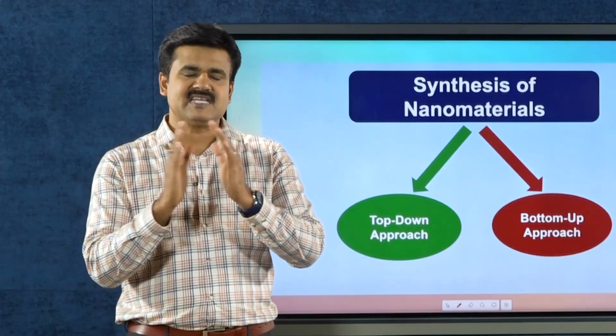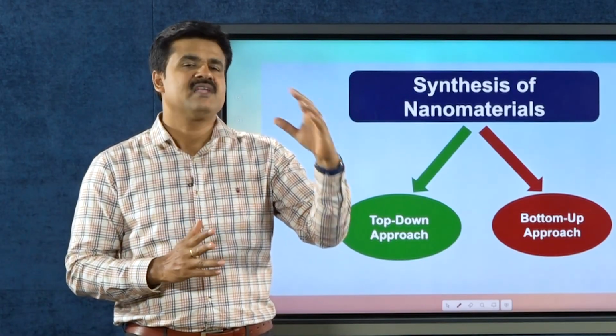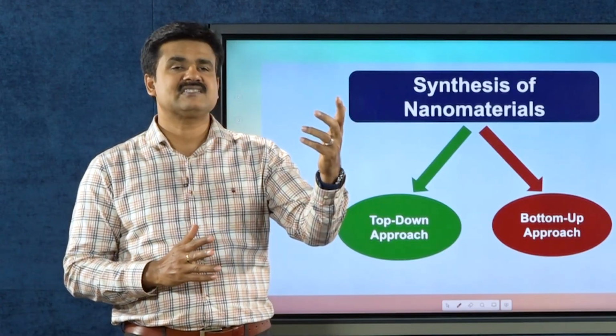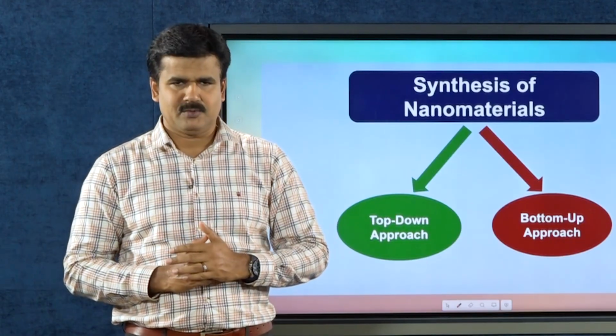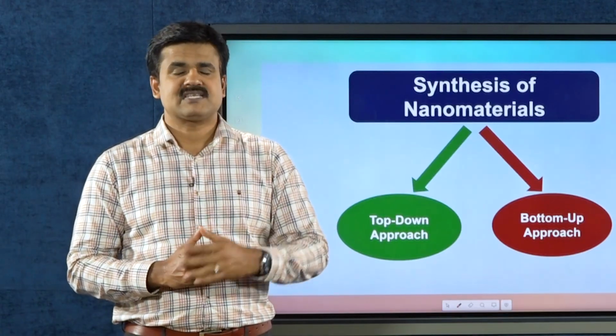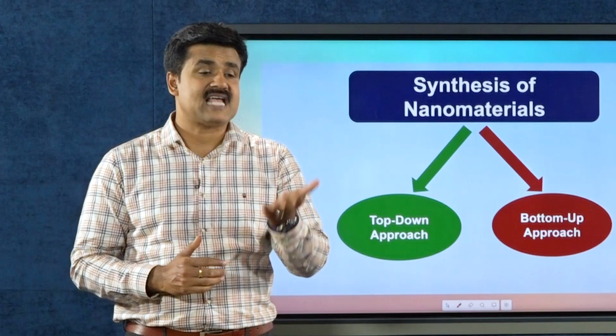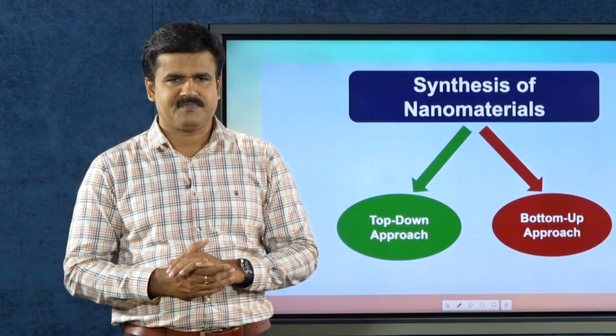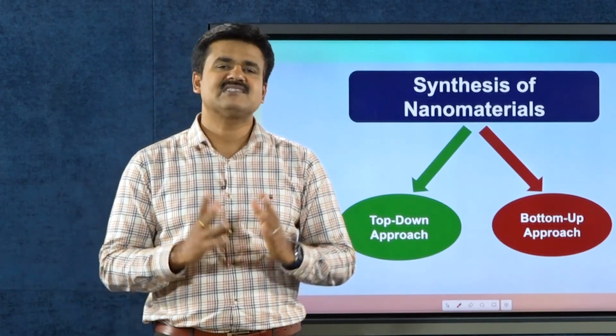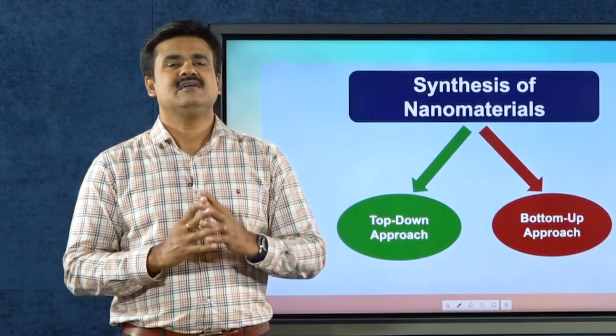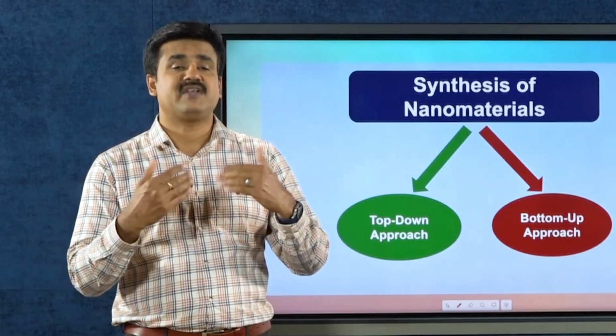The important thing is that in top-down, we begin from bulk materials scaled down to nano. In bottom-up approach, we begin from small particles and scale up to nano. So, these are two important synthetic approaches for the generation or fabrication of nanomaterials.